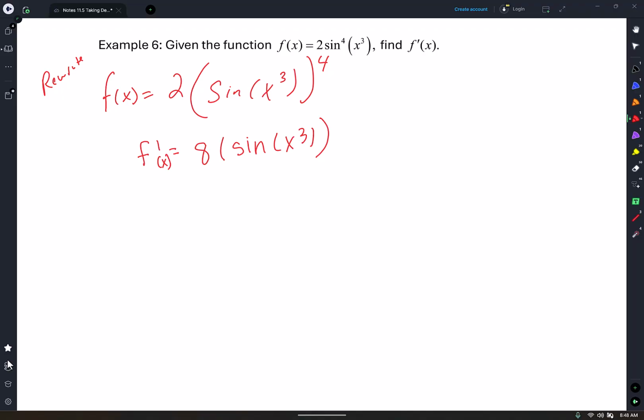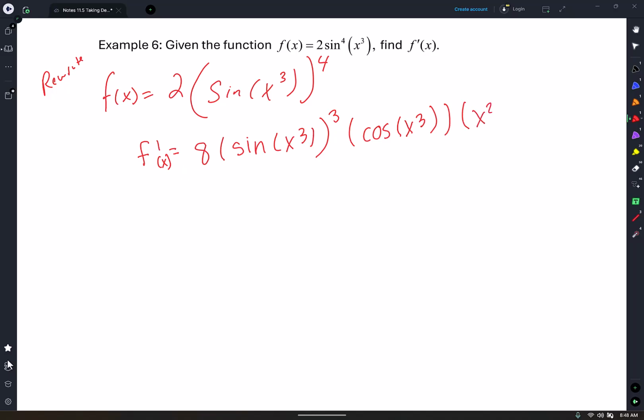What power? Oh, to the third. And then we're gonna do cosine, right? Yeah, write cosine. Because when you find the derivative of sine, perfect, so it's cosine of x cubed, right? Yep. Okay. And then we find the derivative of x cubed, which is?